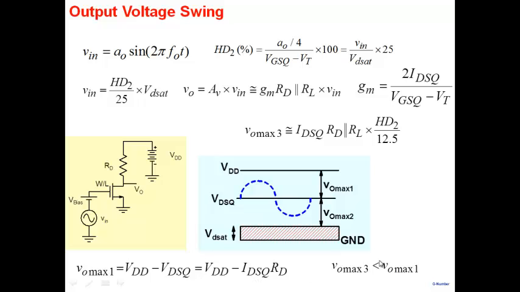Which means that we really have two limits on voltage swing. One limit is determined by harmonic distortion, and the other is coming from the fact that you don't want your transistor to enter into linear region. These are the two limits on swing. Now coming back to this particular limitation on swing.